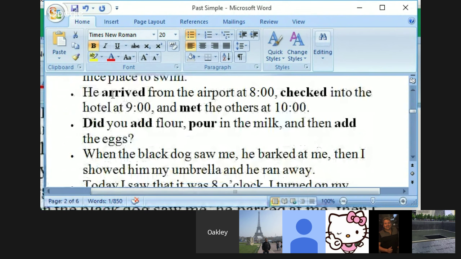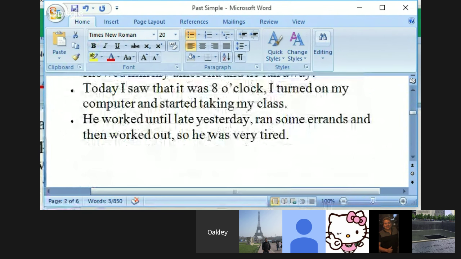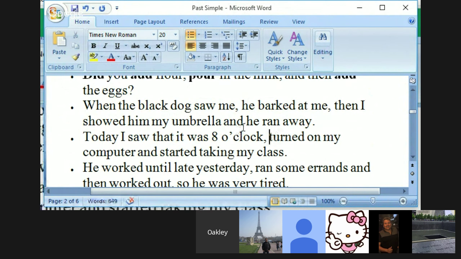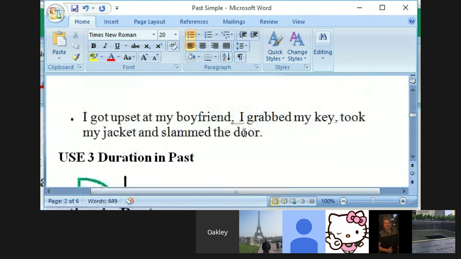Subject, he arrived, checked in, met. We don't need to repeat the subject noun. In fact, we don't need to at all. So this I is unnecessary here completely. I got upset at my boyfriend, grabbed my key, took my jacket, slammed the door.